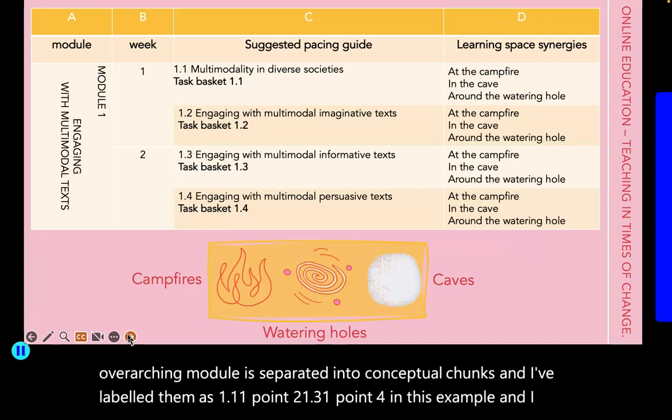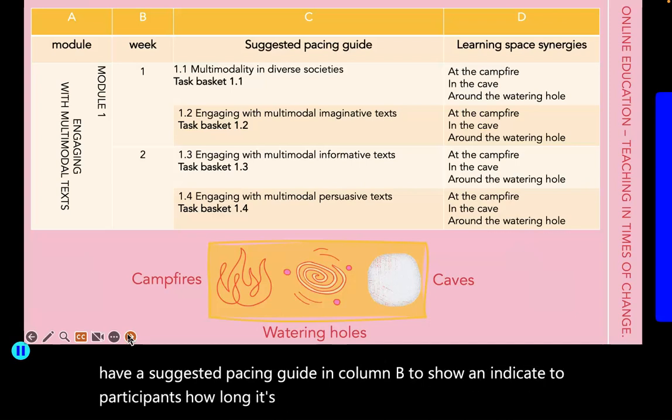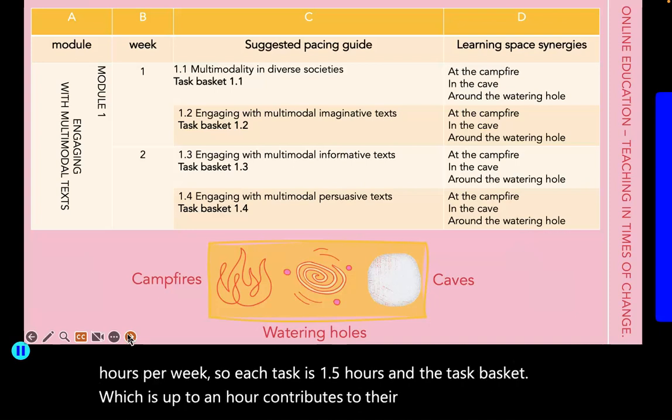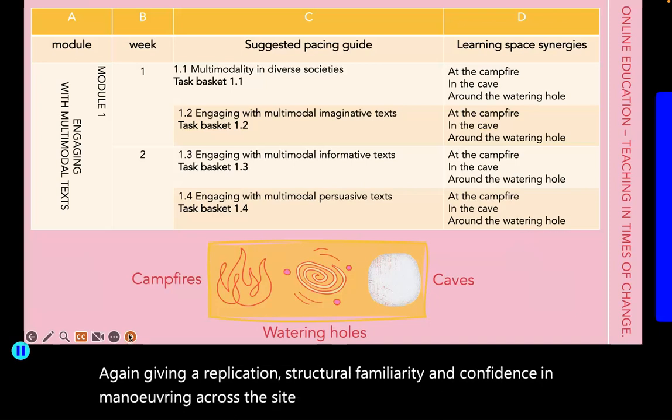And I have a suggested pacing guide in column B to indicate to participants how long it's expected to take. In this degree, it is 3 hours per week, so each task is 1.5 hours, and the task basket, which is up to an hour, contributes to their assignment time. Again, giving a replication, structural familiarity, and confidence in manoeuvring across the site was the intention here.